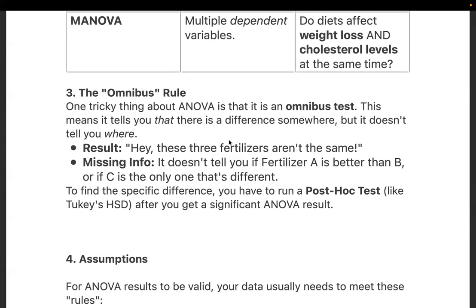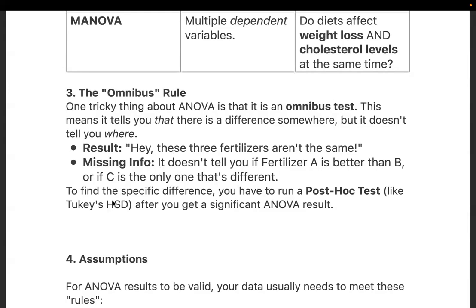ANOVA can tell you, hey, these three fertilizers aren't the same, but it doesn't tell you if fertilizer A is better than B or if C is the only one that's different. So this doesn't give you that information.